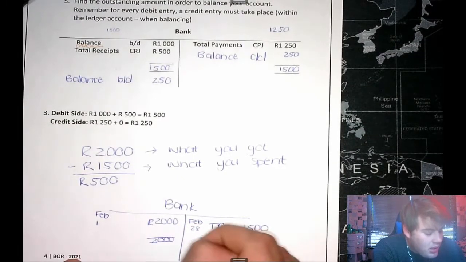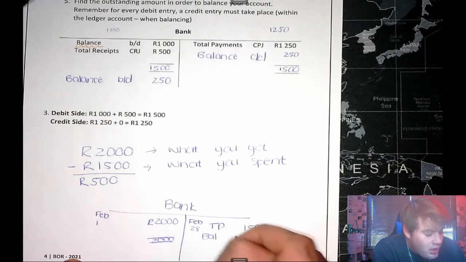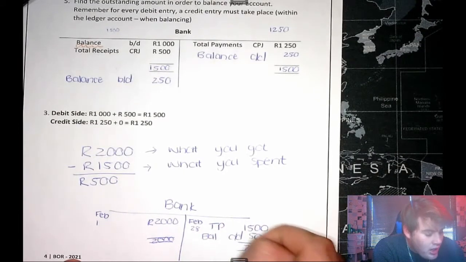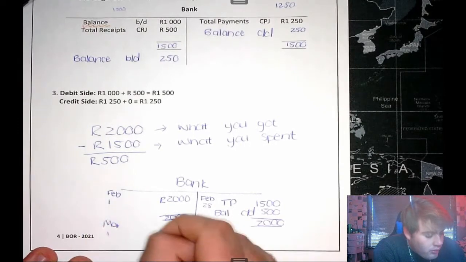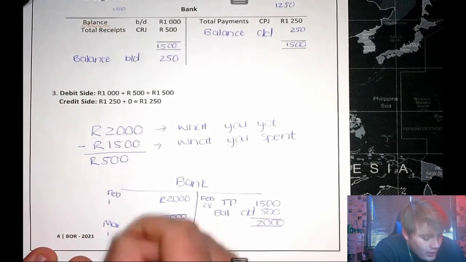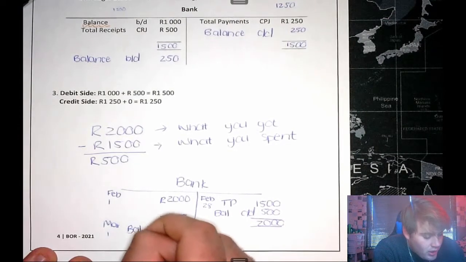We'd have a balance that we carry down of 500 rand, and a balance on the 1st of March of 500 rand. This is what we brought down for the next month.